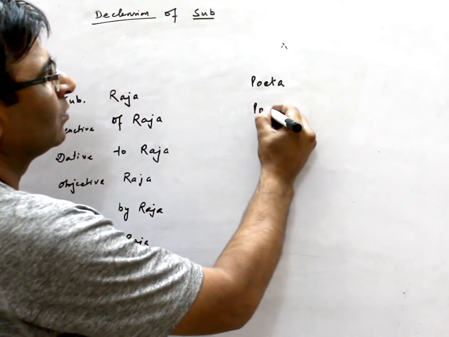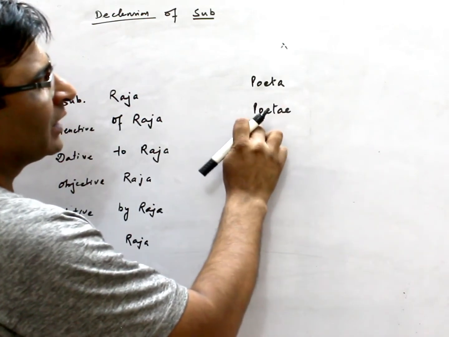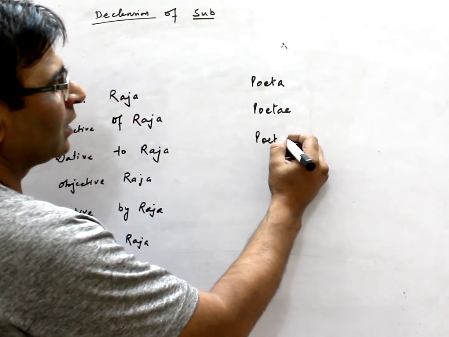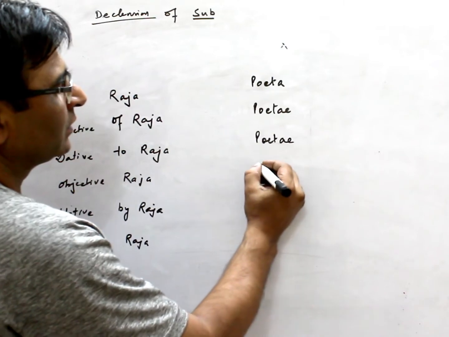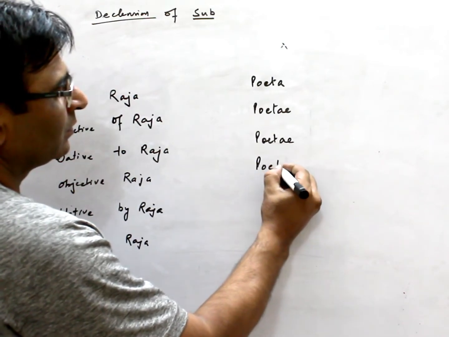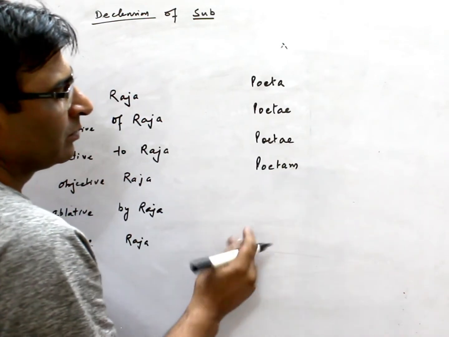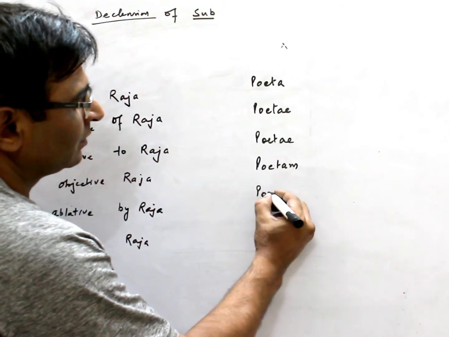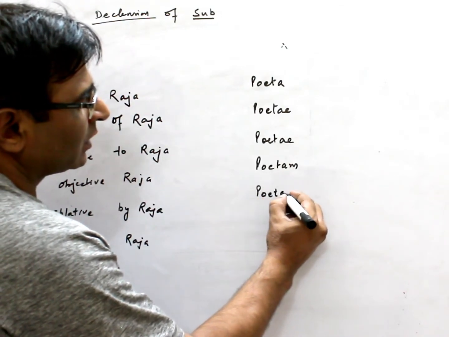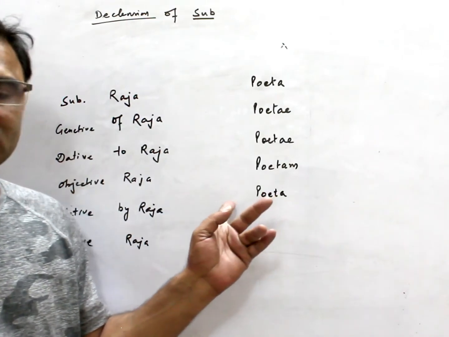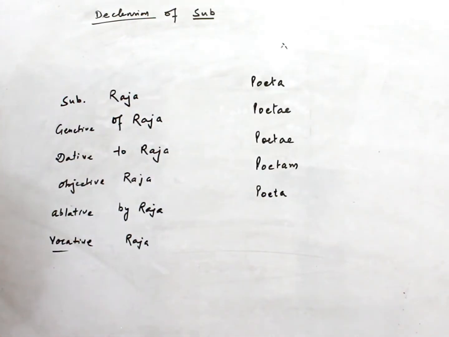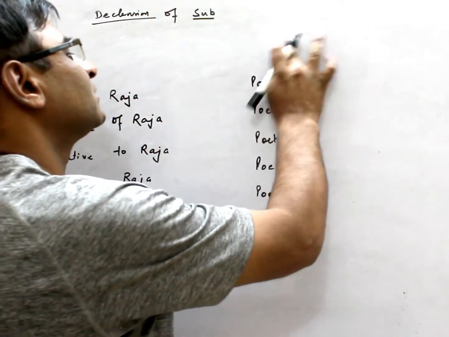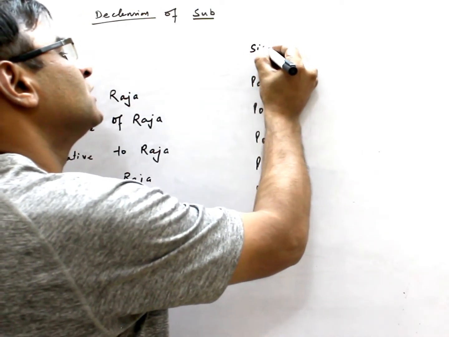Poeta, poetae, that means poet, of the poet, to the poet, and poetam, this is objective of poet, and poeta, this is ablative, that means by the poet, and vocative is also the same, poeta. Now this is the singular case.